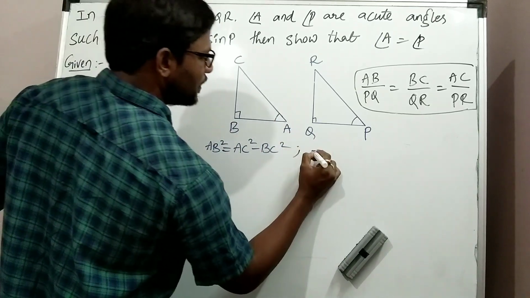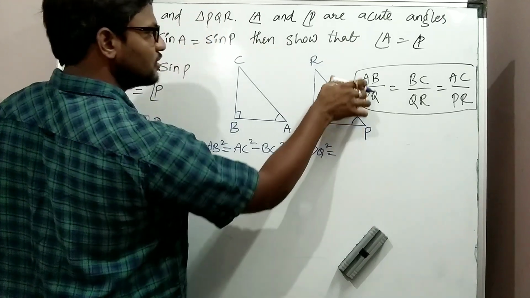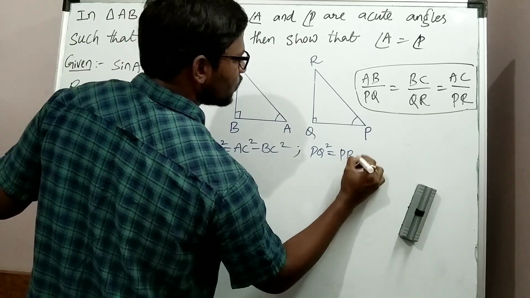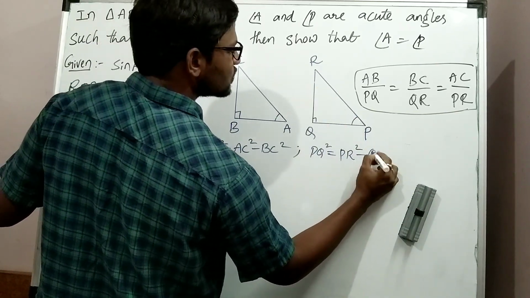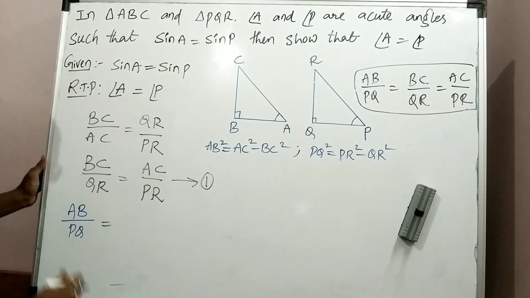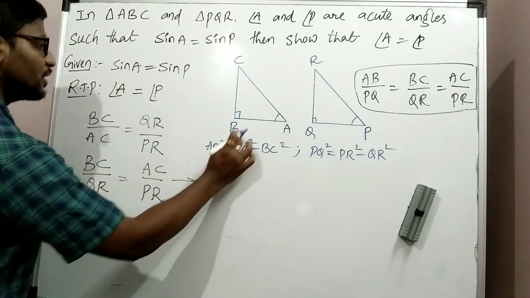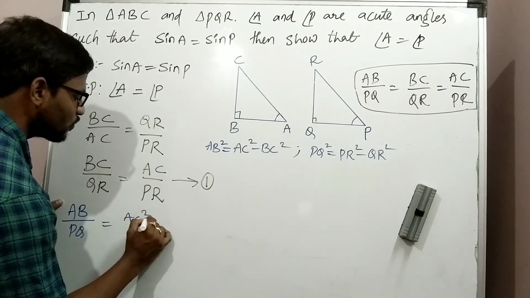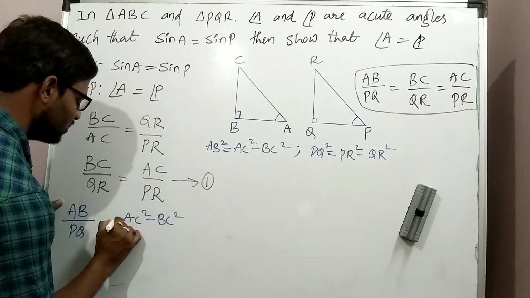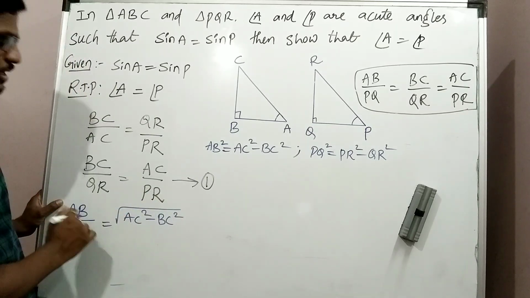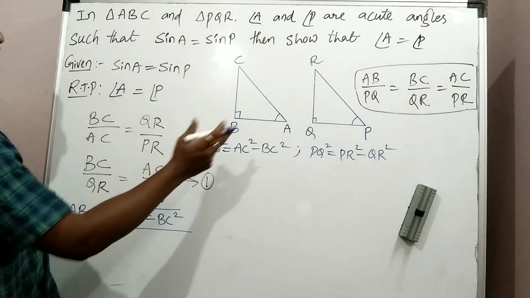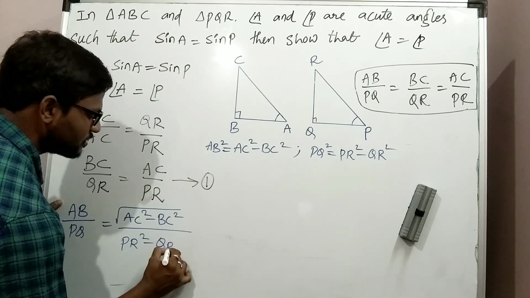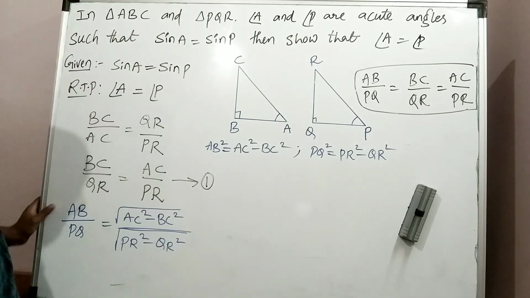And here also PQ square equals PR square minus QR square. Now substitute. In place of AB, I am writing the square root of AC square minus BC square, transposing the square to that side. Next, PQ is the square root of PR square minus QR square.